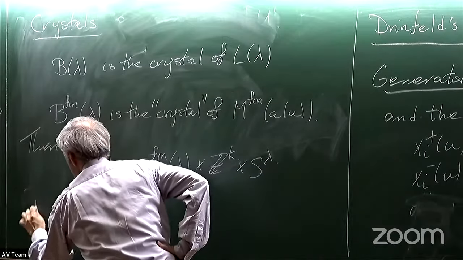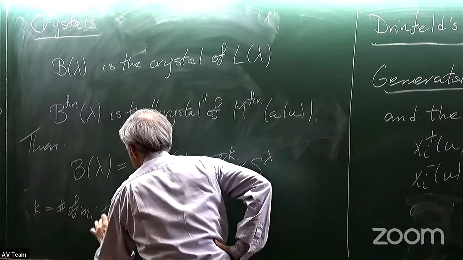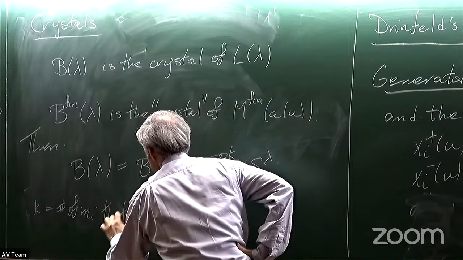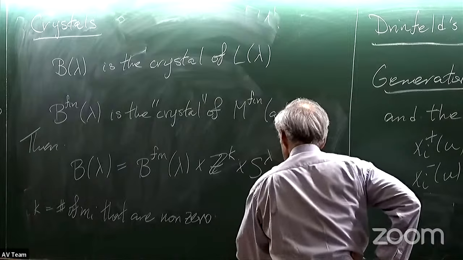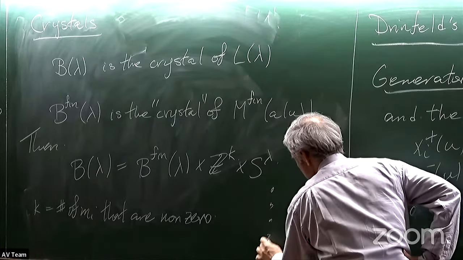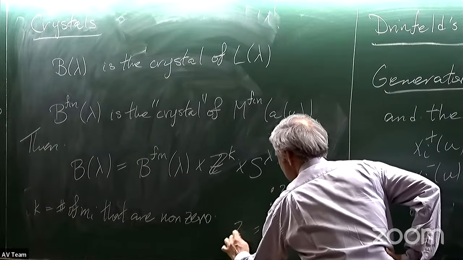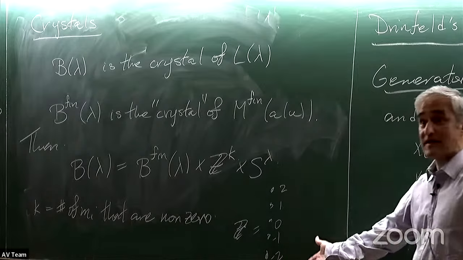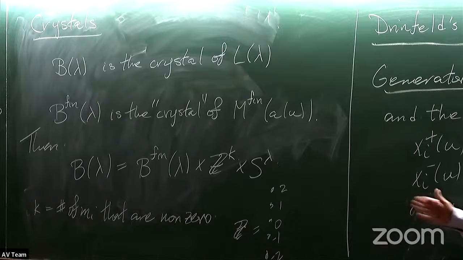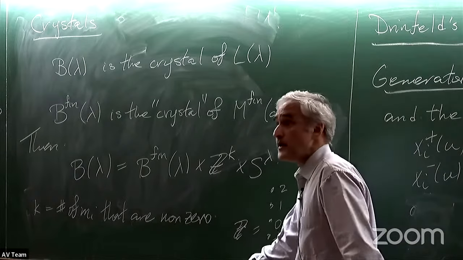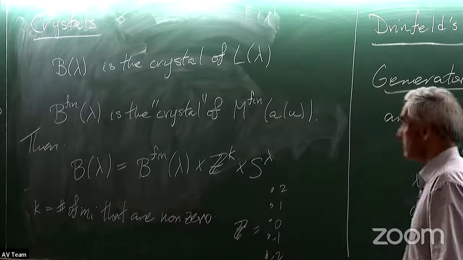And K here is the number of m_i that are non-zero. Z is a set, which in my head looks something like this. It's going to be a labeling set for a basis. So it has no real structure except to be a set which is indexed by the m. Now this is in all types. In all types, this kind of a statement.